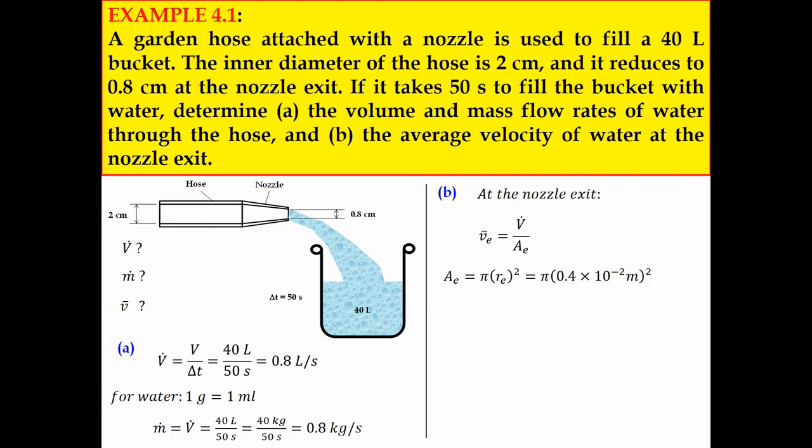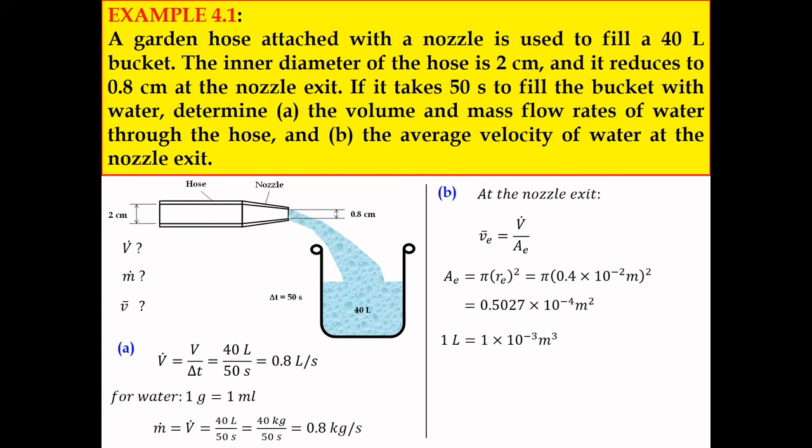So AE equals pi multiplied by the radius RE squared, which equals pi multiplied by 0.4 times 10 to the power of negative 2 meter squared. So AE equals 0.5027 times 10 to the power of negative 4 meter squared. That's the cross-section area at the nozzle exit.